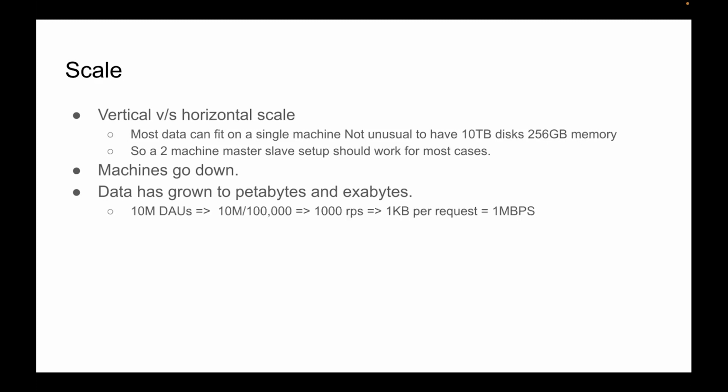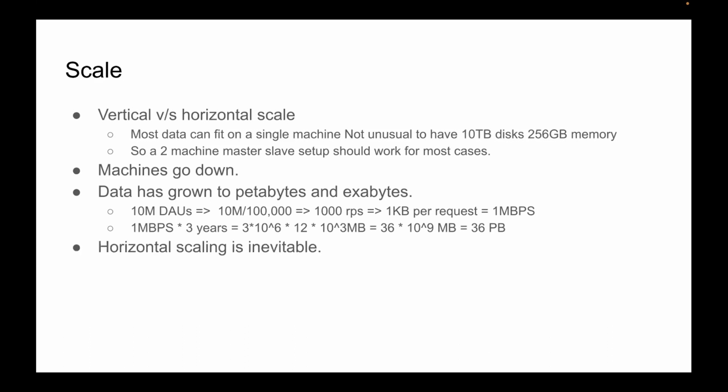Just to give you some numbers, let's say you grew to 10 million DAUs, daily active users. Doing some simple math, over 3 years, with 10 million DAUs and without any growth, you would be looking at 36 petabytes of data, which is naturally not going to fit on 1 or 2 machines. So horizontal scale becomes inevitable.